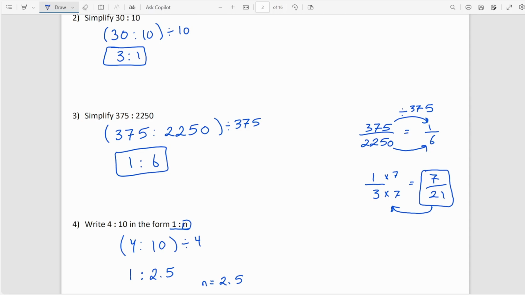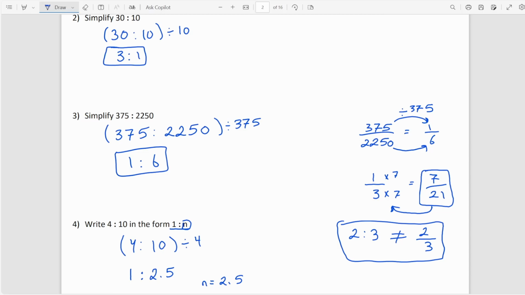The only thing you need to be careful about is to understand that when you, for example, have a ratio 2 to 3, it is not equivalent to 2 over 3, okay? Those are not equivalent at all. Never write them this way. 2 ratio 3 is not 2 over 3, okay?